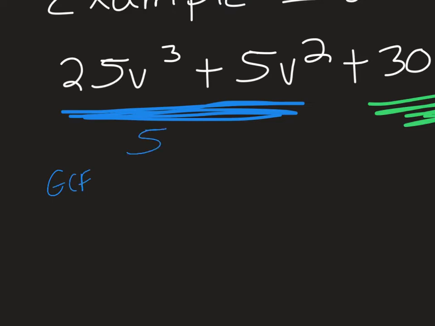Then I noticed that this term has 3 V's and this term has 2 V's. So what can I factor out of both of them? What do they both have in common? Well, I can factor a V to the second out of both of them. So the greatest common factor for the blue group is going to be 5V to the second.